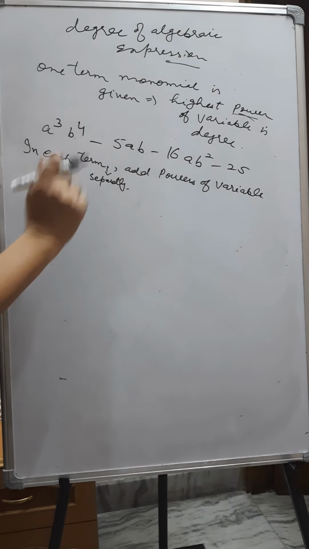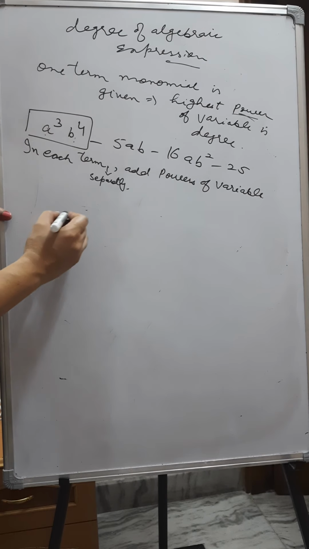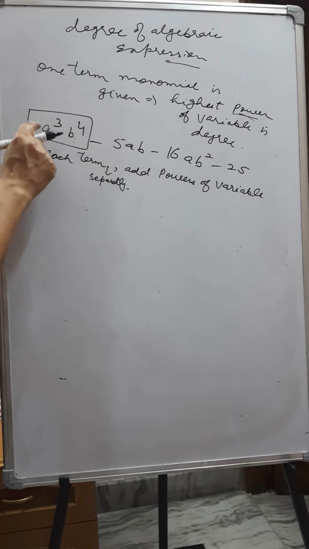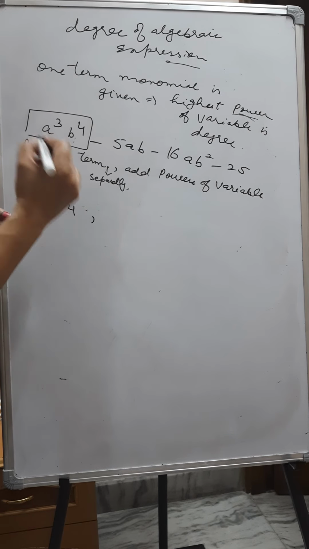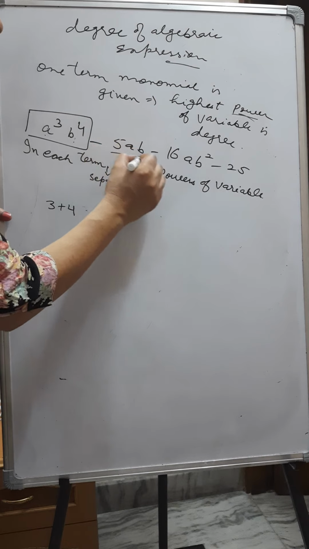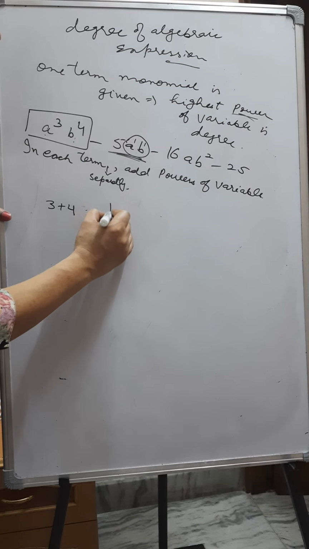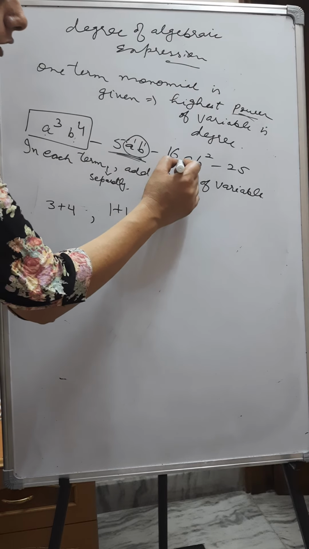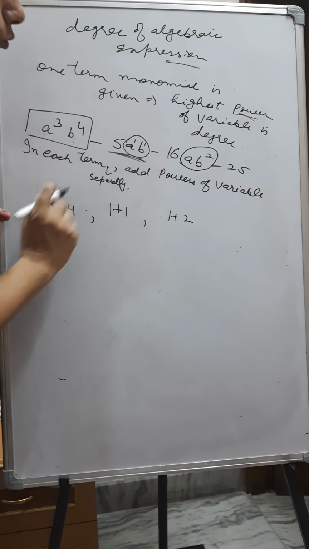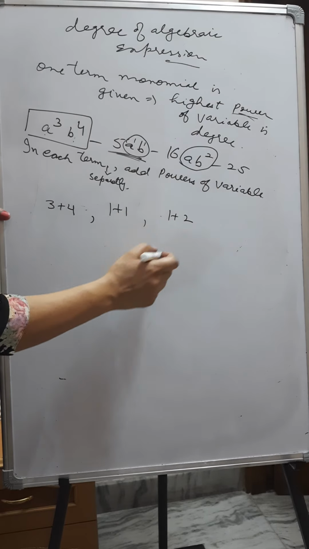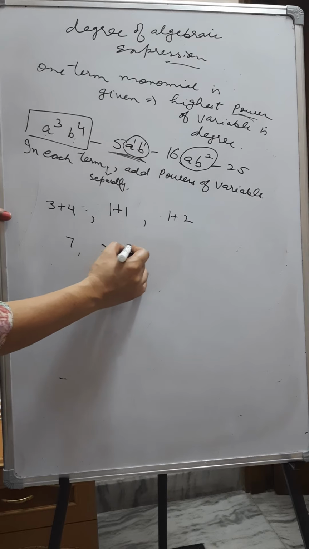In the first term, two variables have the power 3 and 4, so add 3 and 4. In the second term, two variables have the power 1 and 1, so add the powers. In the third term, two variables have the power 1 and 2. Here it is a constant, so it is 0. This is 7, this is 2, this is 3.